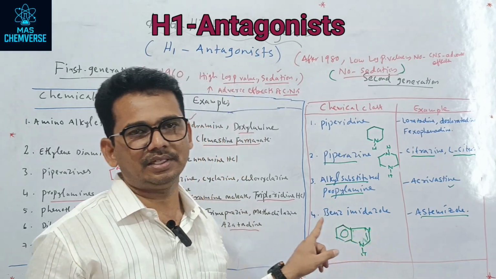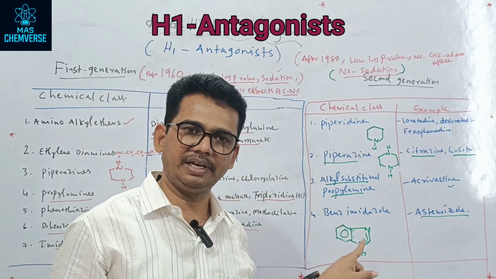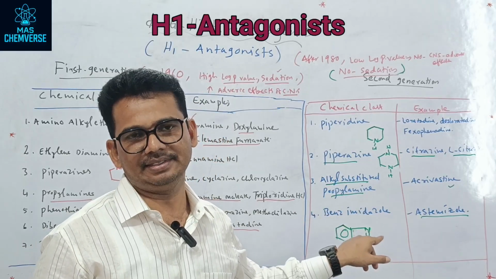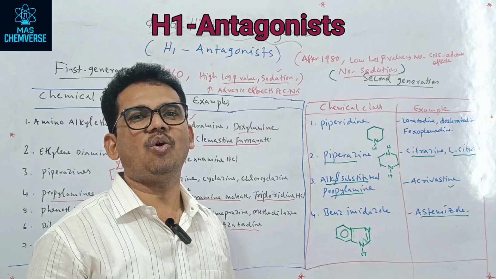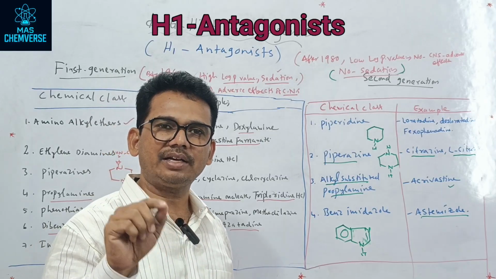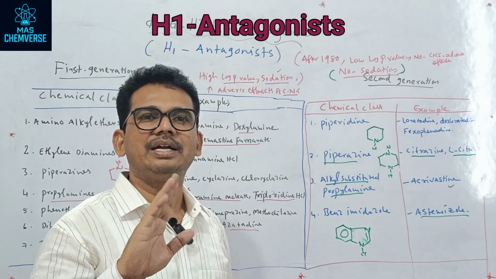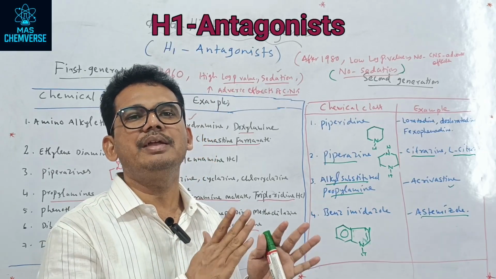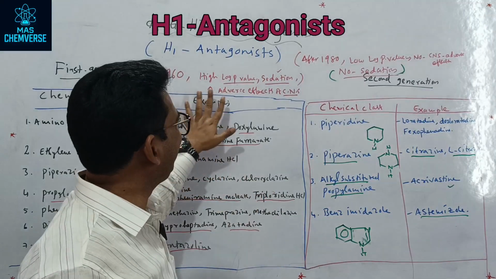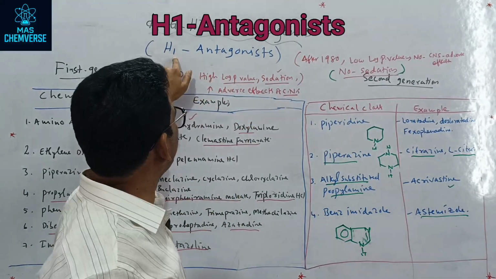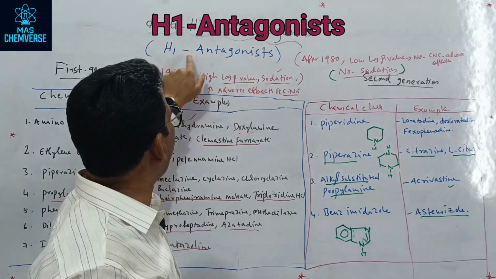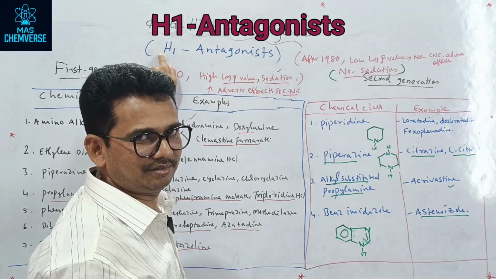Okay, mechanism of action. We might know histamine is released. That histamine release is what is going to be prevented. That is the mechanism of action. They counteract histamine, meaning the action of histamine is prevented, that's why they are called antihistaminic drugs. H1 antagonists means these drugs prevent the action of the H1 receptor.